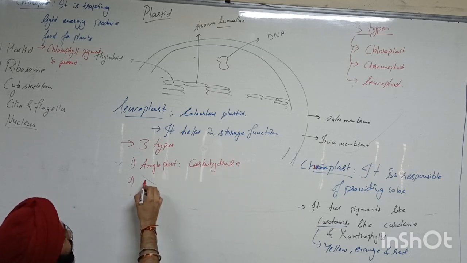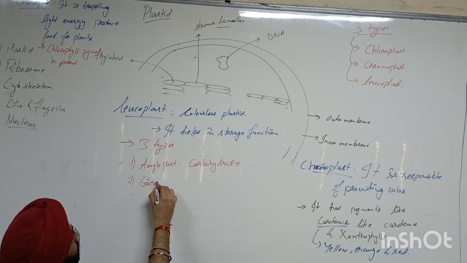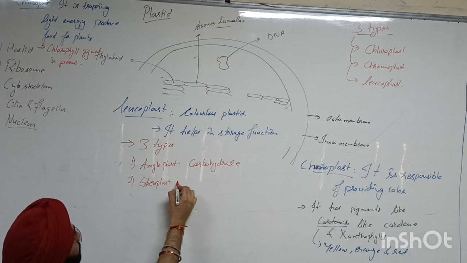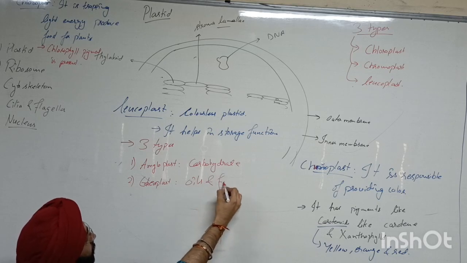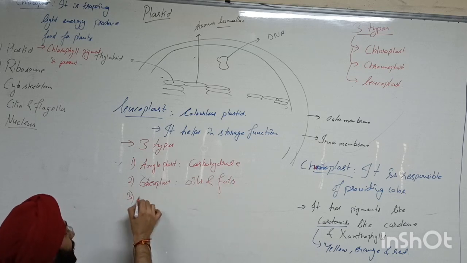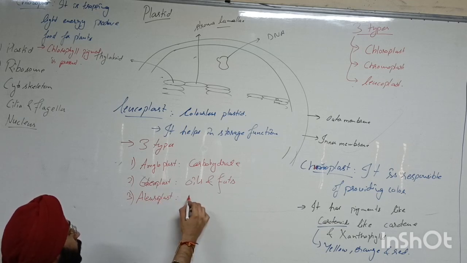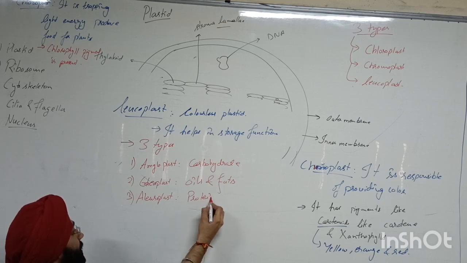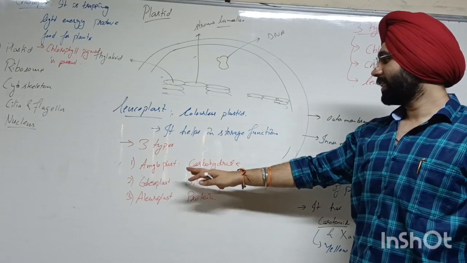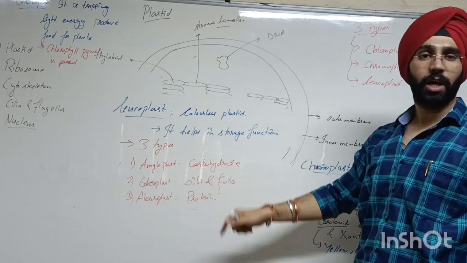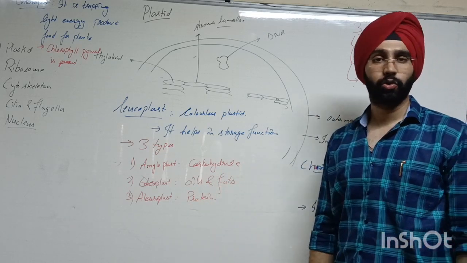Second one is oleoplast, that stores oils and fats. The third one is aleuroplast, that stores protein. So as you can see, there are three types of leucoplast present in the cell. First one is amyloplast, that stores carbohydrate, the oleoplast stores fats and oil, and the aleuroplast stores protein.